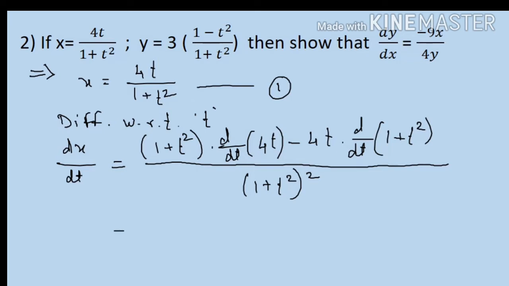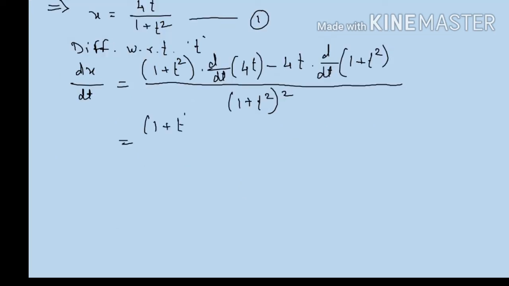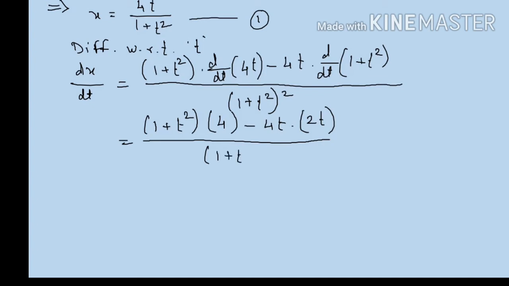Now simplify. You will get 1 plus t square into derivative of 4t will be 4 minus 4t into derivative of 1 plus t square, that is 2t, upon 1 plus t square the whole square. So let's see what we get. When you solve this bracket, you will get 4 plus 4t square minus 8t square upon 1 plus t square the whole square.